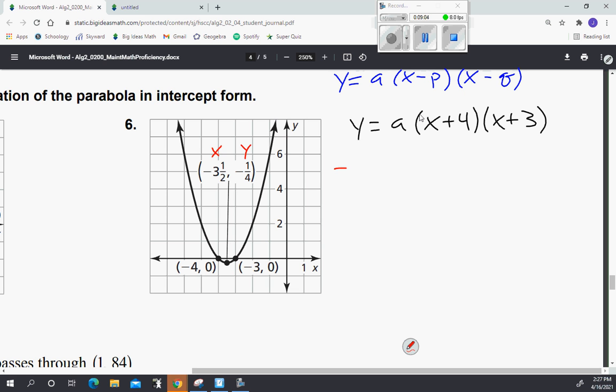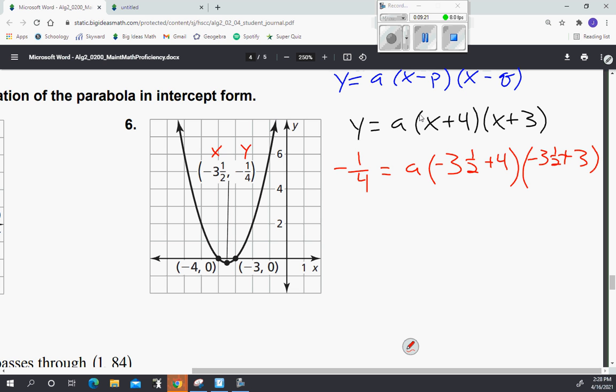So, -1/4 equals a times -3.5 plus 4, -3.5 plus 3.